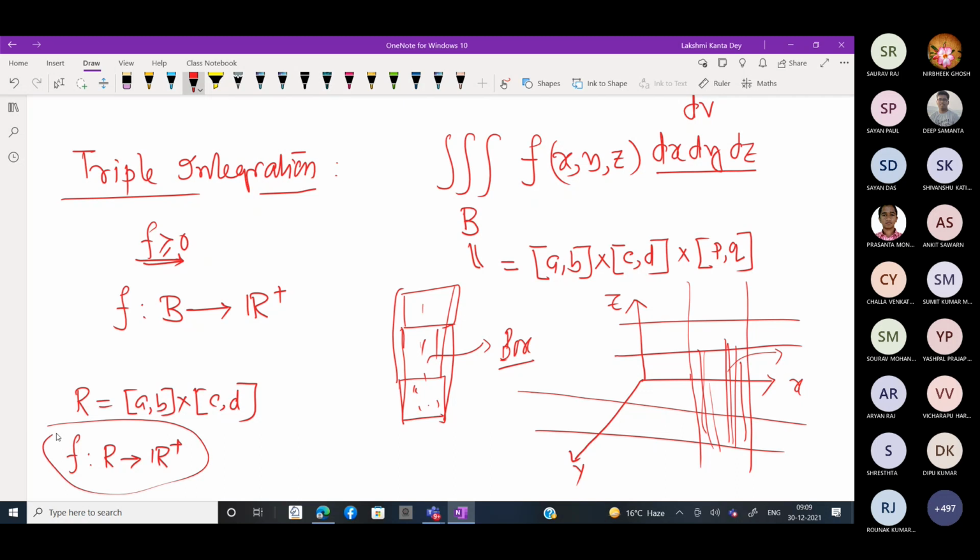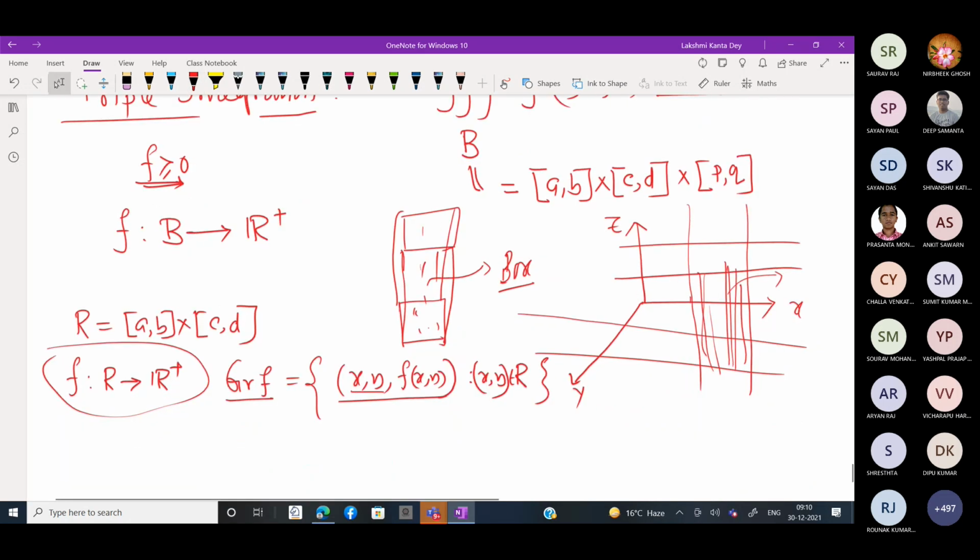So in that situation, the graph of the function is the collection of all (x, y), the domain of definition, comma f(x, y), where (x, y) belongs to your R. This particular thing is from the box, right?